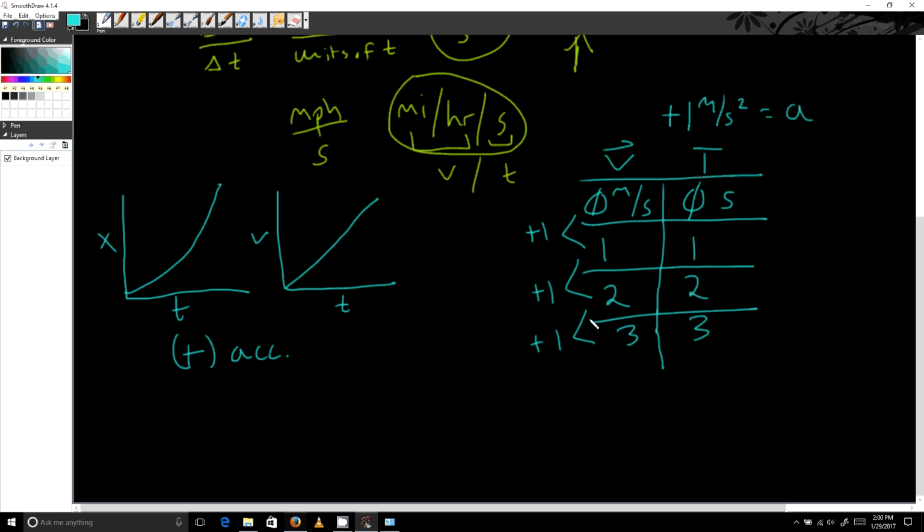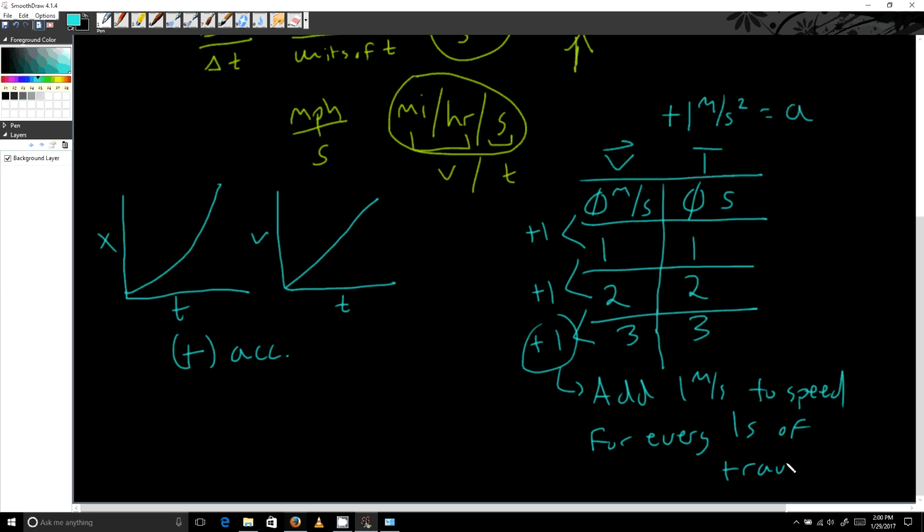What am I adding 1 of? I'm adding 1 meter per second to my speed for every second of travel. So that's what this means. I add 1 meter per second to speed for every 1 second of travel, because it's a rate of change of my velocity, not my position.